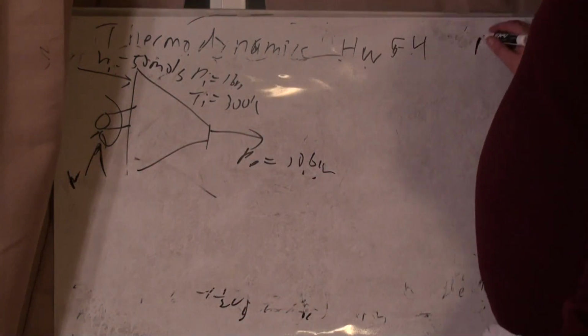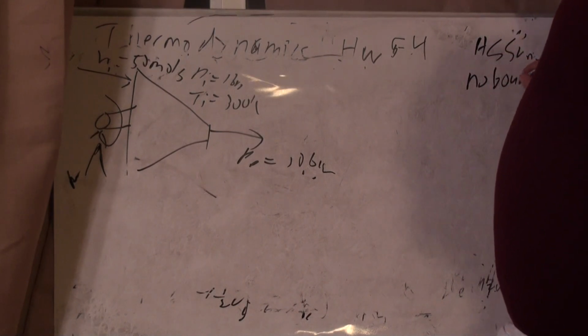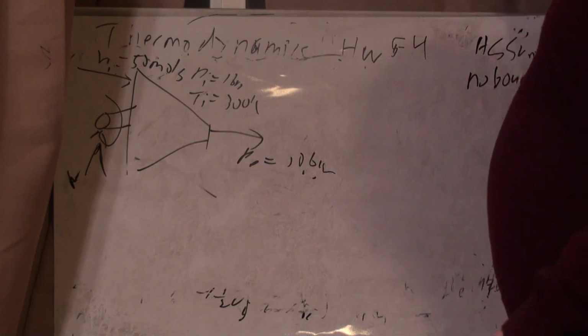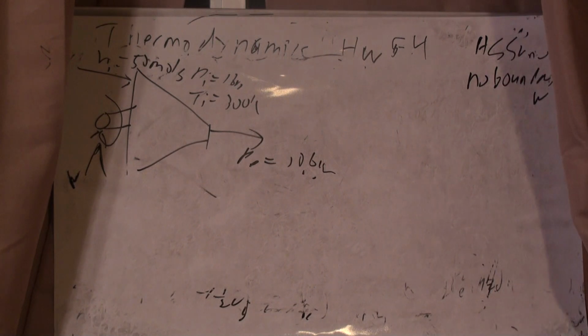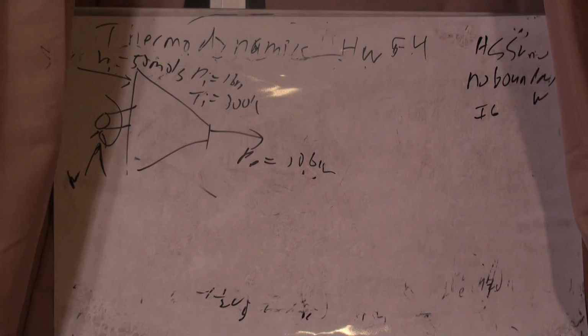So I can assume no boundary work. It's not expanding, it's not contracting, it's a rigid system. I'm not going to assume adiabatic yet. I'm not going to assume isothermal yet. I am going to assume an ideal gas because it's air.